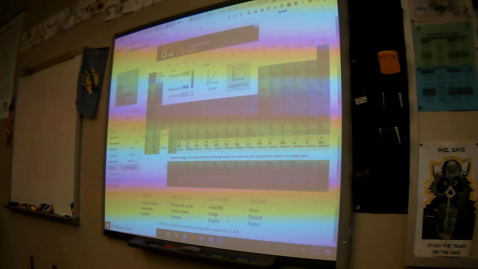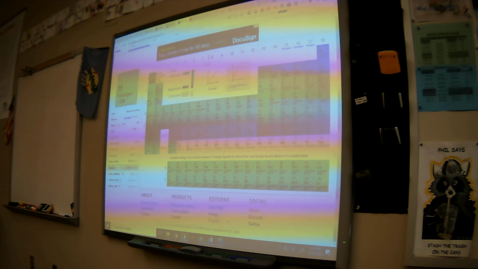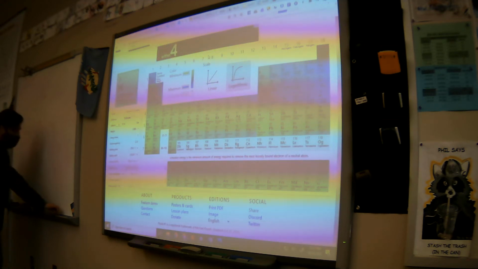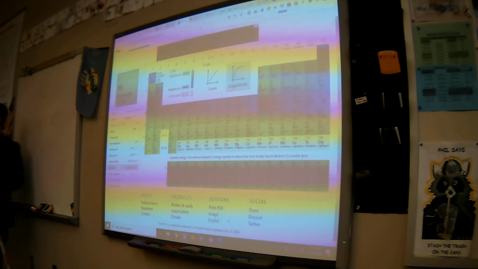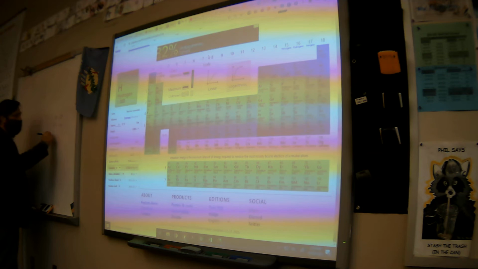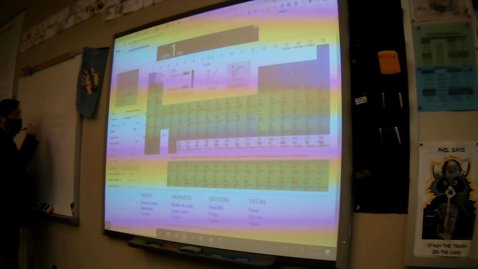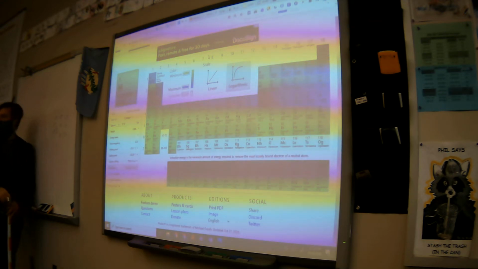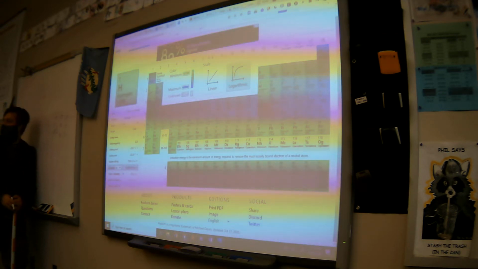Is water wet? Have I told you guys why water is wet? Yeah, you told me about it. Okay, water is definitely wet. Remember copper sulfate, an ionic bond, and then water in the center.